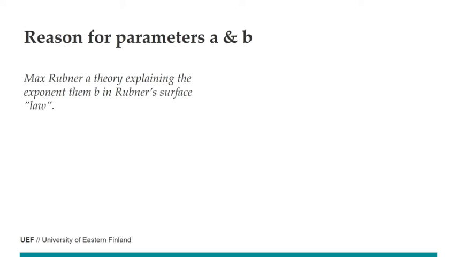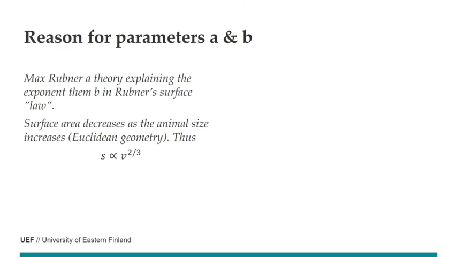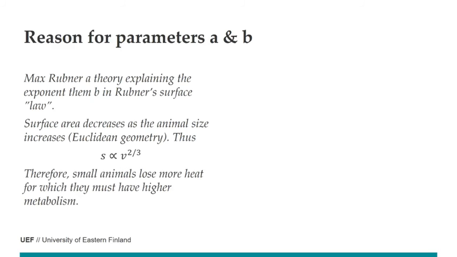Actually, it was demonstrated by Max Rubner, the so-called Rubner surface law, and he started from just basic geometry: the surface area decreases as the animal size increases. Therefore, small animals have more surface area, they lose more heat, and so they must have a higher energy metabolism.